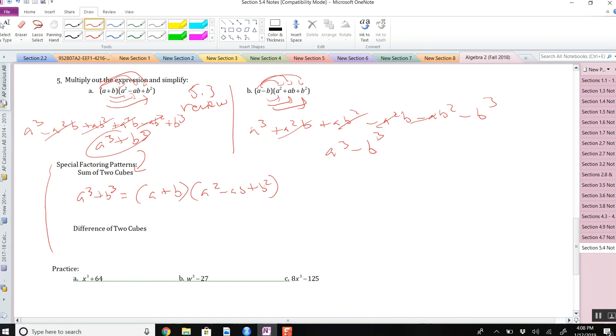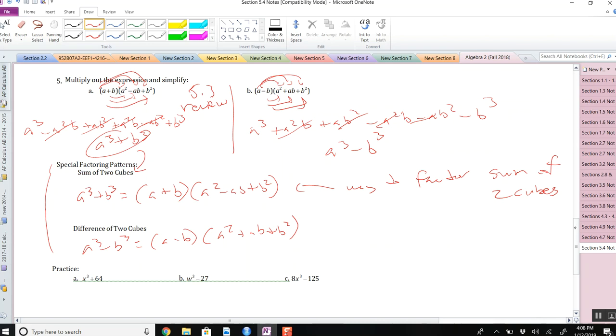I won't expect you to memorize it, but this is a way to factor a sum of two cubes. There's two cubes just in 5 part B. So whenever you have two perfect cubes being subtracted like this, it can be factored as A minus B times A squared plus AB plus B squared. And again, we just proved that A cubed minus B cubed equals that expression by the foiling that we did in 5 part B.